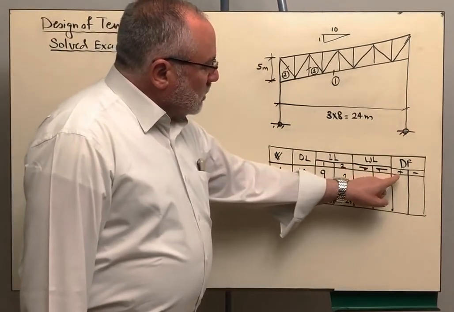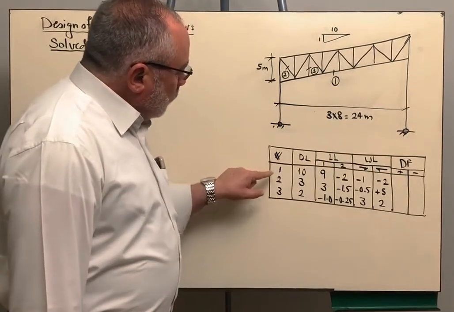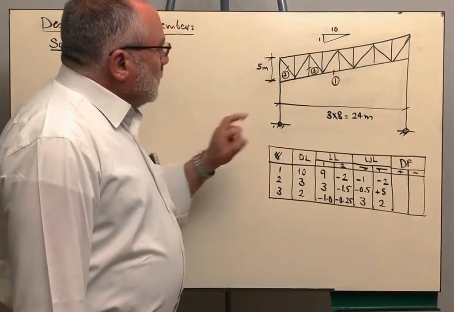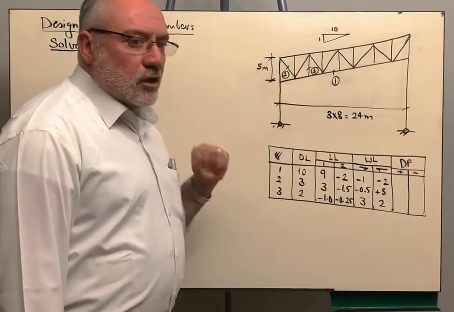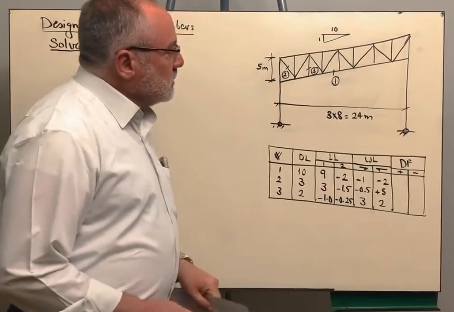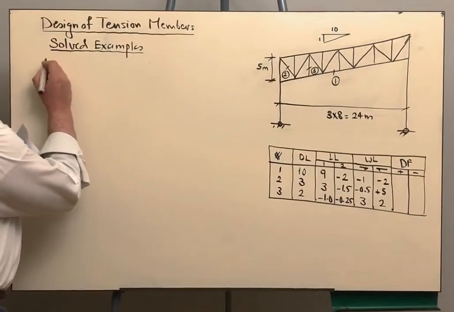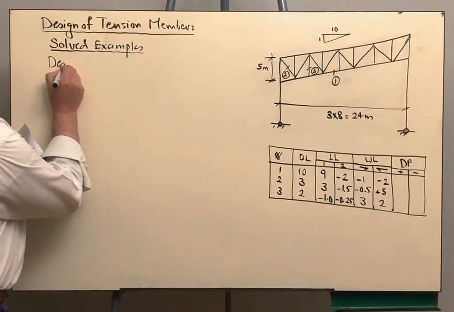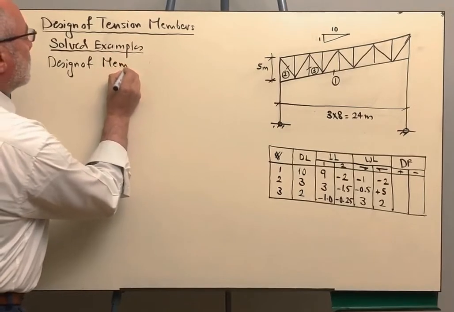Now it is required to determine the positive design force and the negative design force for members 1, 2 and 3. Member 2 is a diagonal member and member 3 is a vertical member. Now let us start the design of member 1.